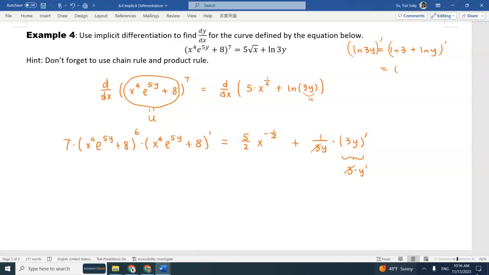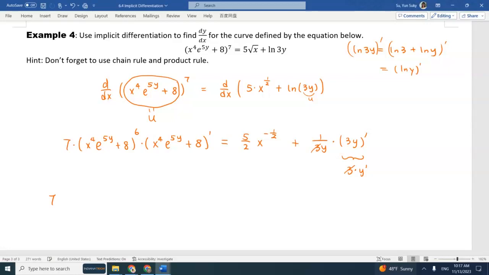So this is just the same as the derivative of ln of y. Therefore, no matter this is 3 or 100 or a million, does that matter? No, it just equals the derivative of ln of y. Okay, everybody? So let's keep going.